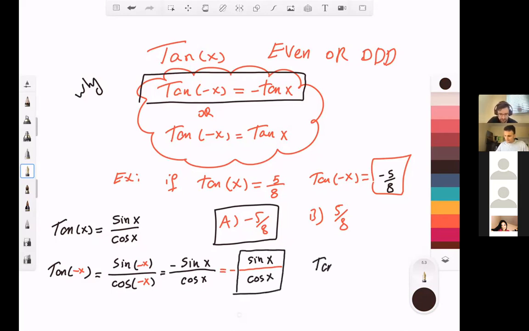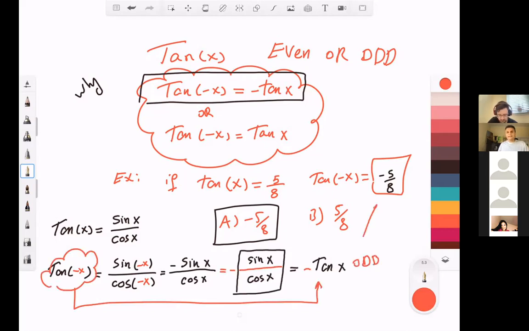It is tangent of x, and we have the negative. So tangent of negative x equals negative tangent of x. That means it is odd, the negative goes outside. The point is, I would like you to know about sine and cosine, about even and odd. Whatever I ask you, you can just convert it.